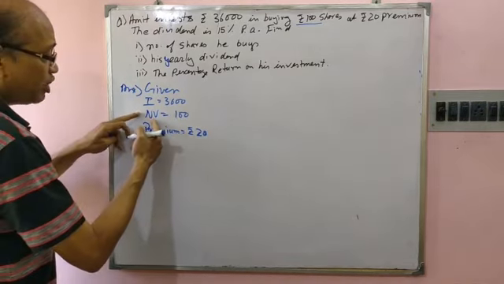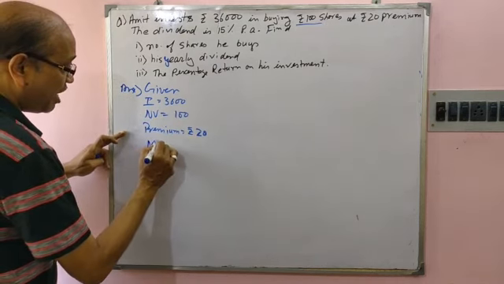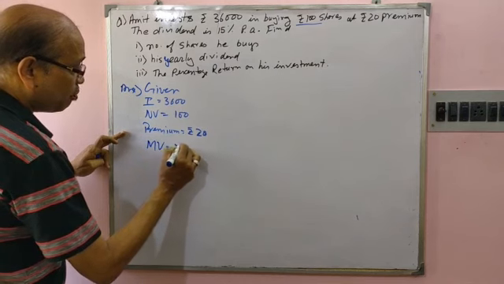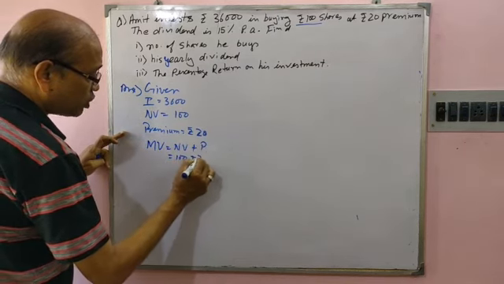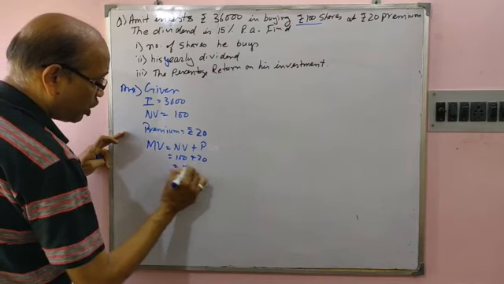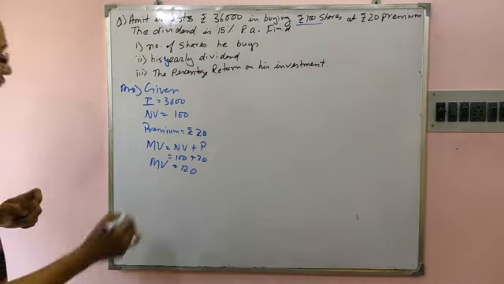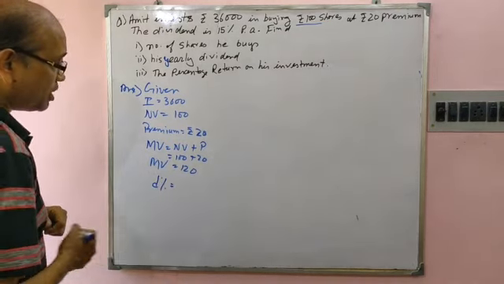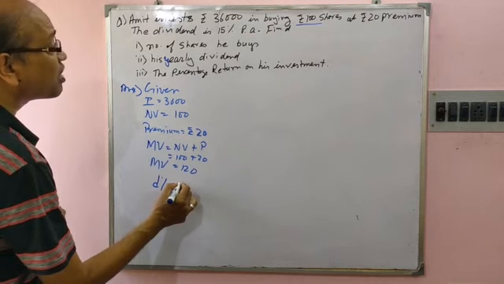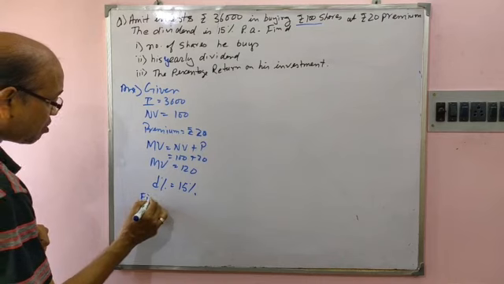So nominal value is 100, premium is rupees 20, therefore market value will be nominal value plus premium, which is 100 plus 20, equal to 120. Therefore the market value is 120. And D percent is given, D percent is 15%.